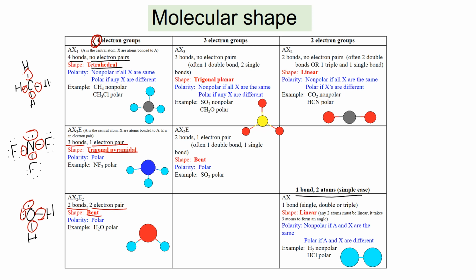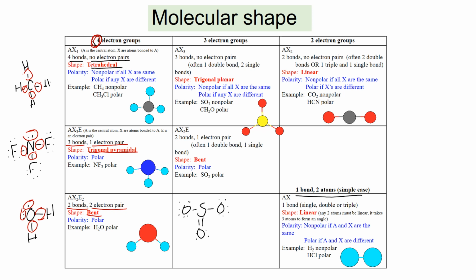Let's look at the 3 groups. Our first example is SO3. We have an S, O, O, O. One of the oxygens is double bonded. The other 2 are not. Now we haven't done that structure yet, but you could do that dot structure. That would be a good exercise.